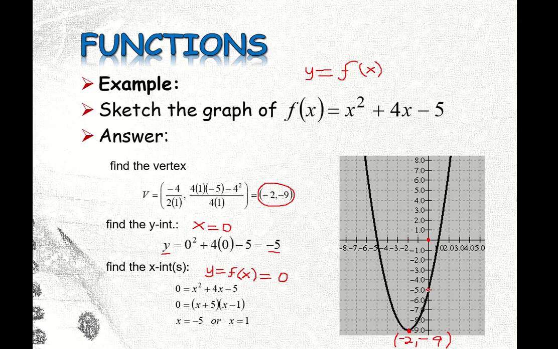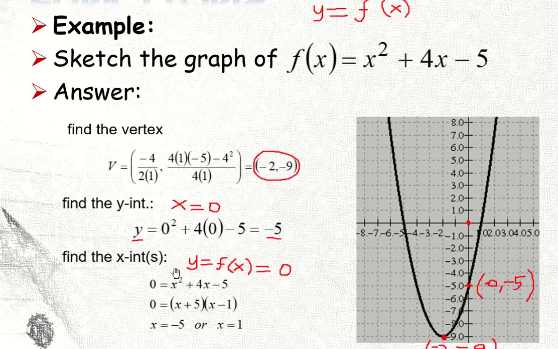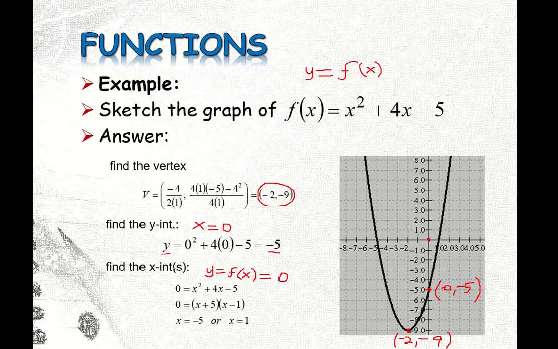The coordinates of this point are 0 and negative 5. That's the coordinate of the second point, because in graphing the parabola you need only 3 points.